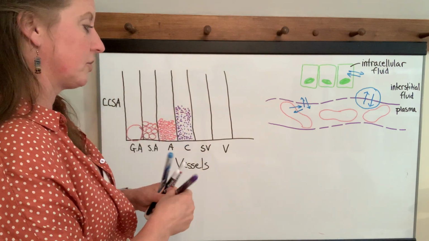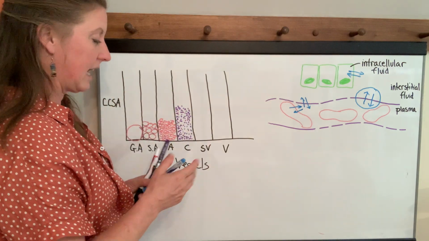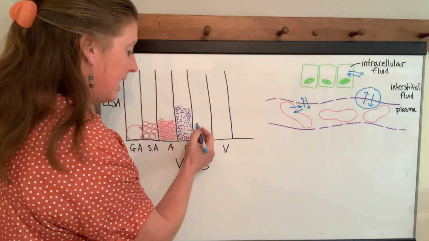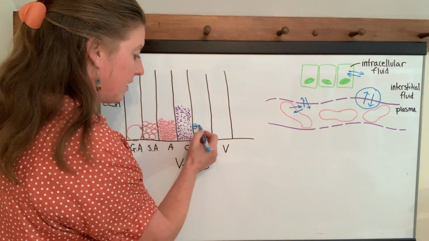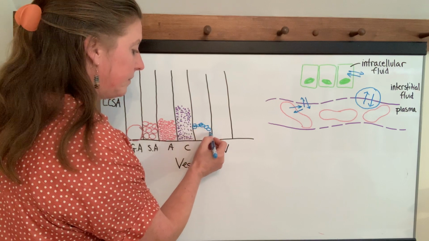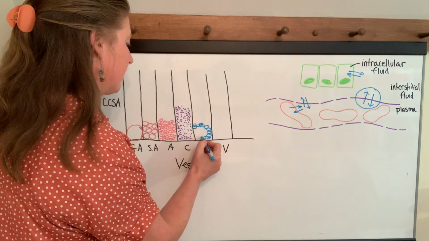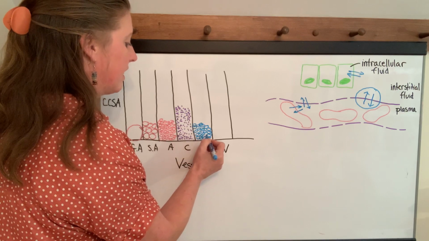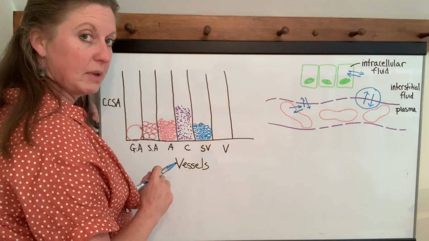And the same thing is true with the small veins and veins. The capillaries come back together, form venules and small veins, and if I add those together, all the cross-sectional area of our veins, there is less cross-sectional area than what we saw with the capillaries.